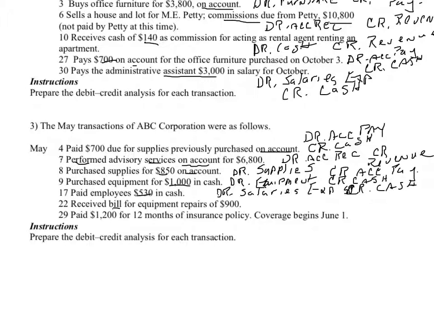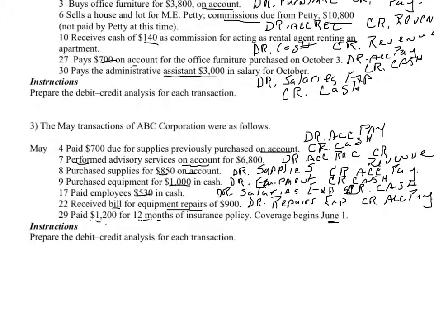I received a bill for equipment repairs. So this was service performed for me. So that's an expense. So my expense is always debited. Debit repairs expense. Now, with every expense, I either pay it or I've been billed. In this case, I've been billed. So the credit is I owe the person, so it's a credit to accounts payable. And lastly, paid $1,200 for 12 months of insurance policy, but begins June 1st.